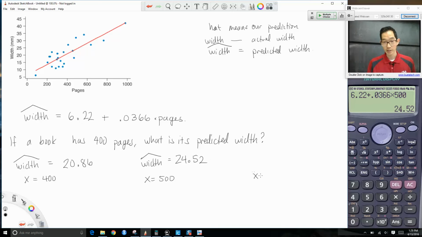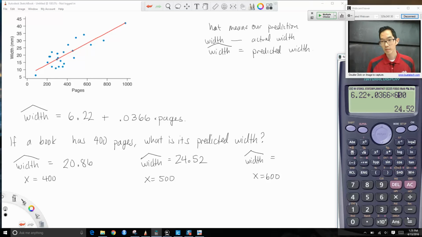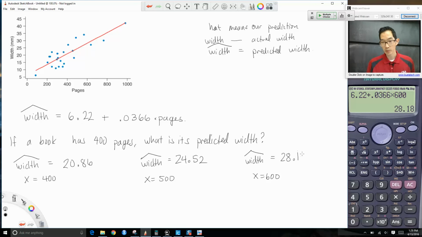And if x is 600, what is our predicted width? 28.18, okay. Is this okay with everybody? No questions here?